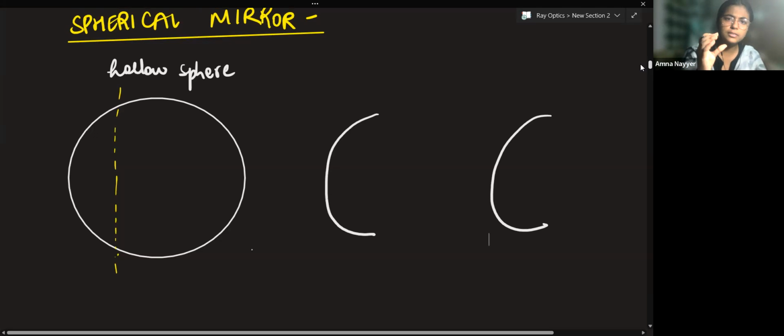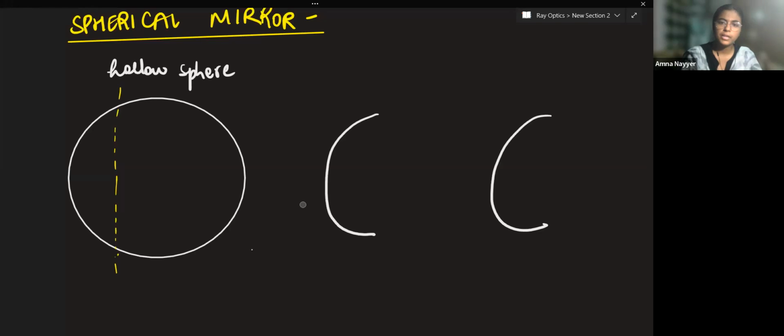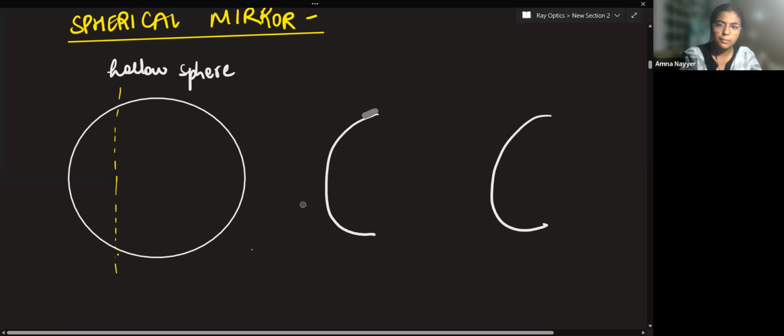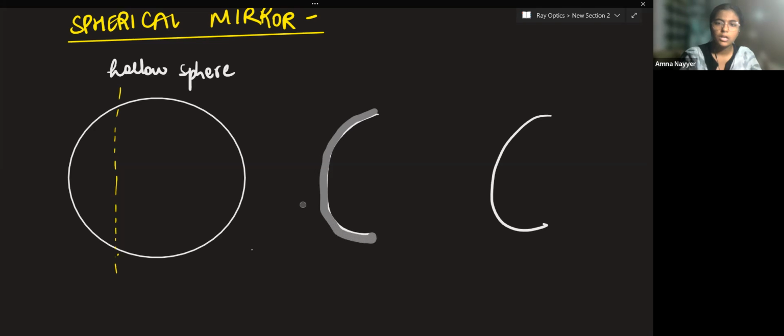I've just cut this sphere and taken a part of it. Now, if I am applying silver polishing on this side of the mirror, this part was the mirror. At this part, I have applied the polishing. You can see here.